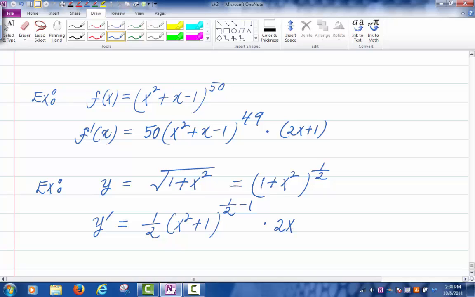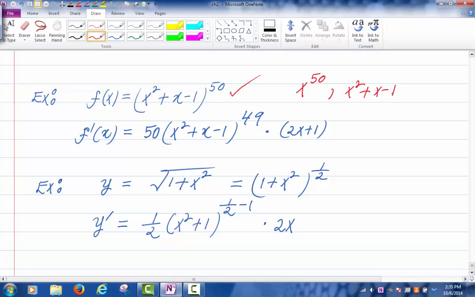2x in this case, and that's the derivative. One thing that I want to point out here is that in the first case, notice that we have a composition of two functions here. The function in the first example is the composition of x to the 50 and x squared plus x minus 1.